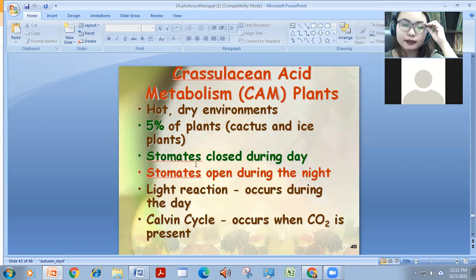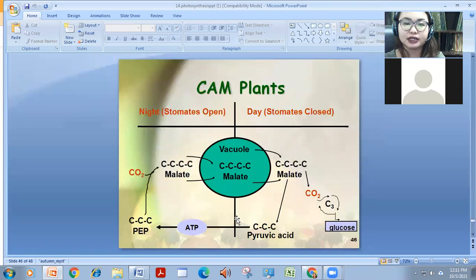In this instance, the stomata close during the day and only open during the night because they conserve water, and therefore carbon dioxide is not fixed at that time of day. The light reaction only occurs during the day, while the Calvin cycle occurs when carbon dioxide is present.